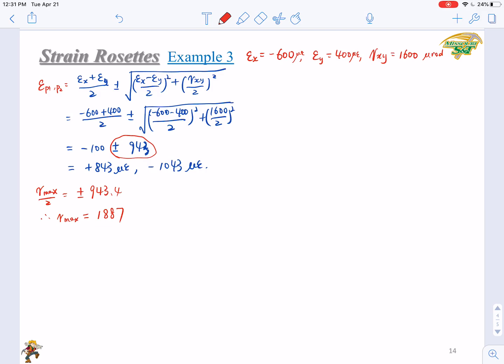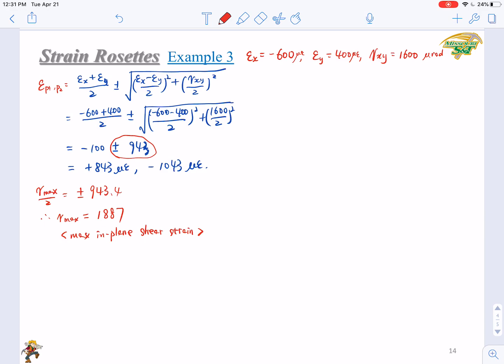Gamma max is actually the maximum in-plane shear strain.